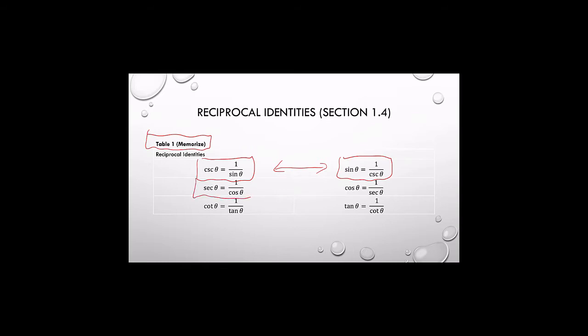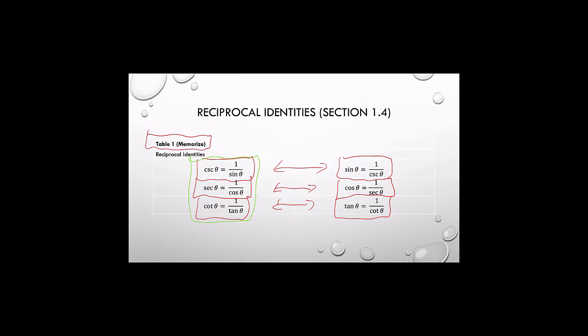Same thing across this row: these are really saying the exact same thing, that secant and cosine are reciprocal, and cotangent and tangent are also reciprocal to each other, and it is stated in 2 different ways. So let me be clear that the relationships on the left are more used than the relationships on the right.